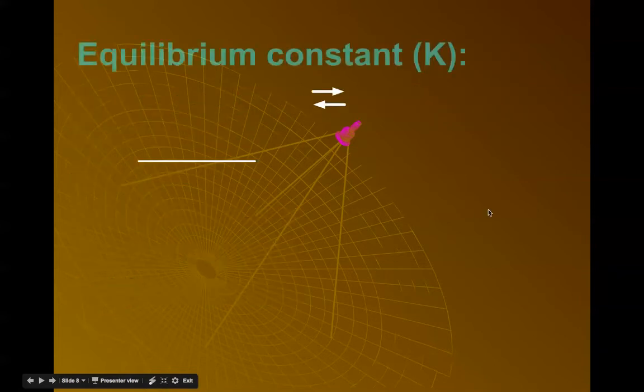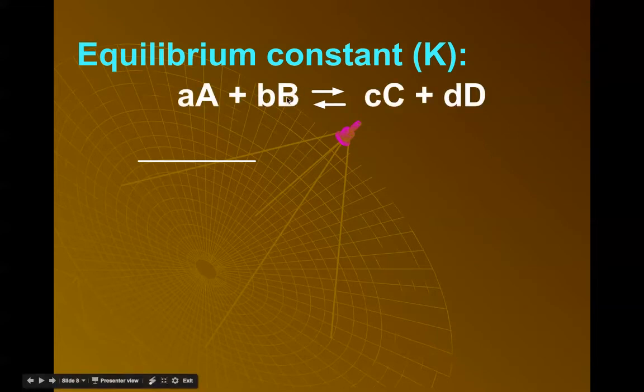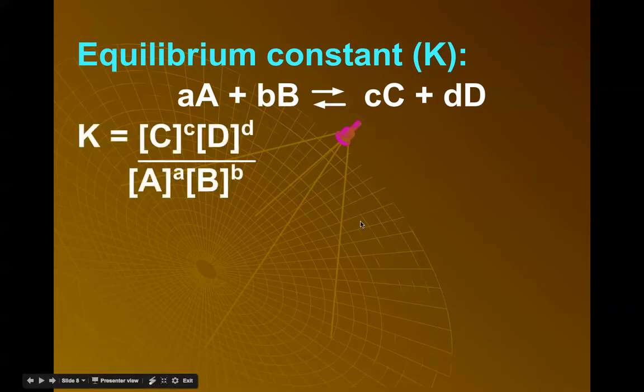Now, let's look at some of the mathematics involved in equilibrium. The equilibrium constant K gives us an idea. Here's a generic chemical equation, lowercase letters being coefficients, uppercase being chemical formulas for different substances. The equilibrium constant K is defined as the concentration, that's what those brackets mean, of the products, divided by the concentration of the reactants.